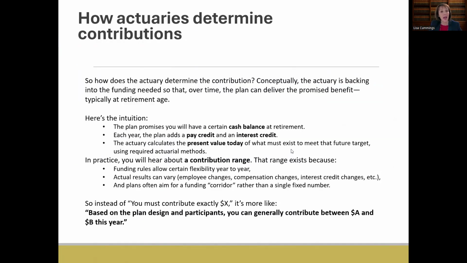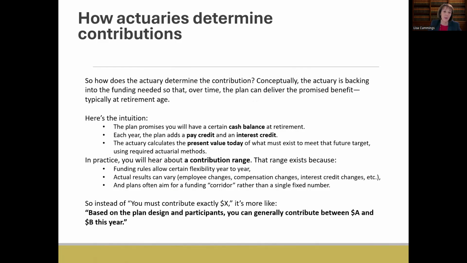So, how do the actuaries go about determining the correct amount of the contributions? They actually are backing into the funding, the employer funding, which will be needed so that over time the plan can deliver the promised benefit, typically at retirement age. Here is the intuition. The plan promises at retirement age that you will have a certain cash balance.